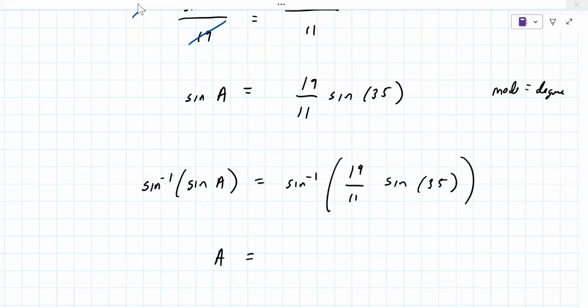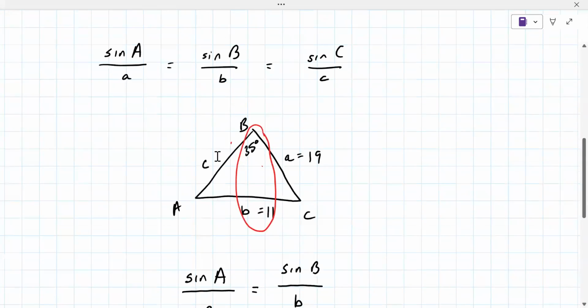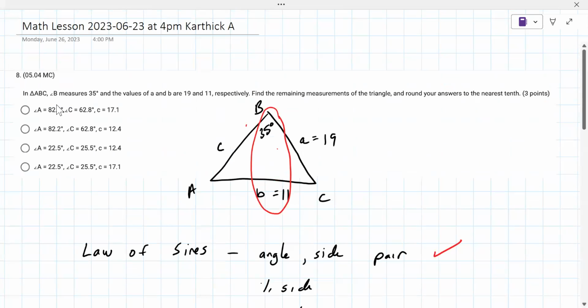Actually, let me make a mistake, entering it. I got 82.2, we'll say degrees.